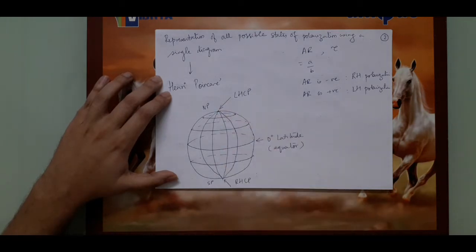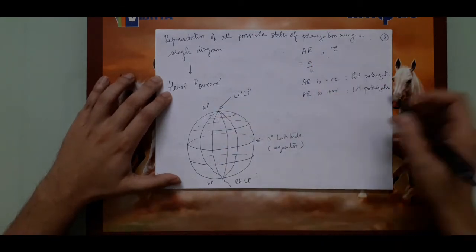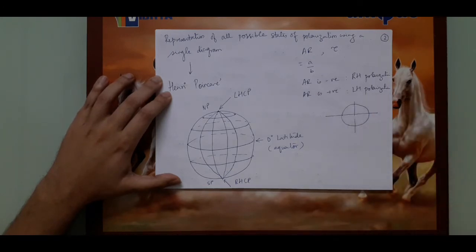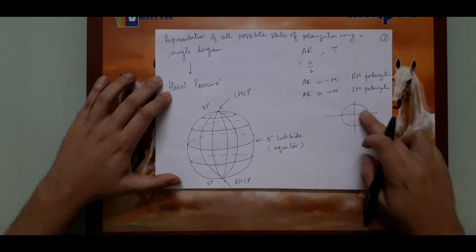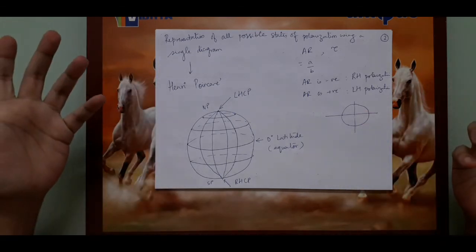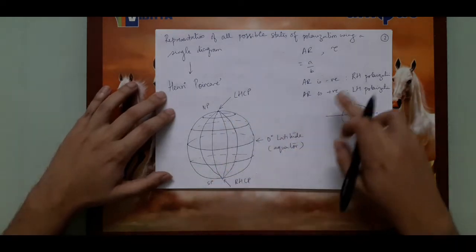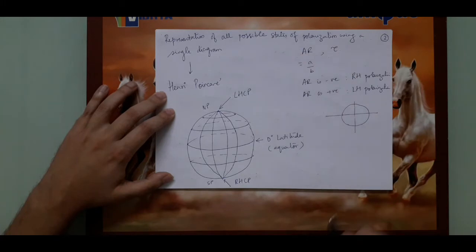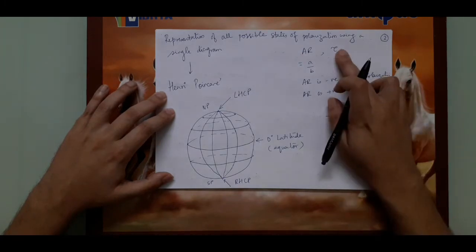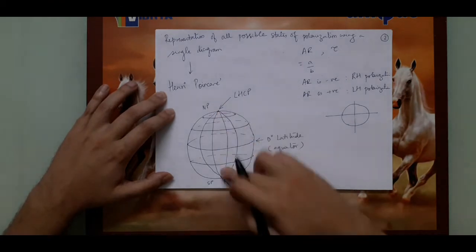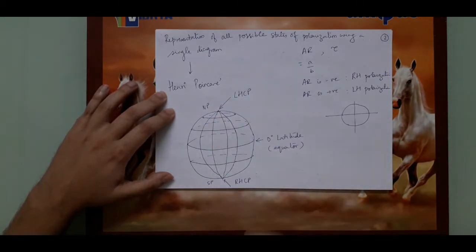Why 2 unique points? Because for a circle, if the polarization becomes a circle, the axial ratio becomes 1. And the tilt angle, you can take it as either 0 or pi. So therefore, if we were to represent this using the axial ratio and the tilt angle tau, they will map onto the north and the south pole because the tau essentially becomes 0 or pi at these 2 points and the axial ratio is 1.